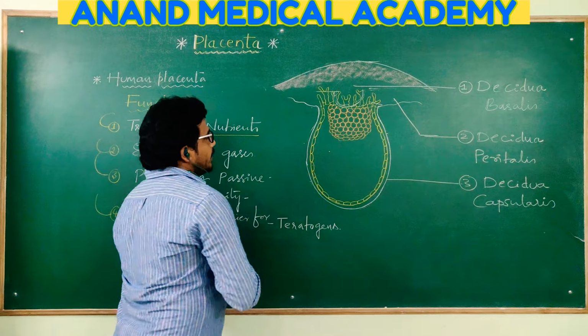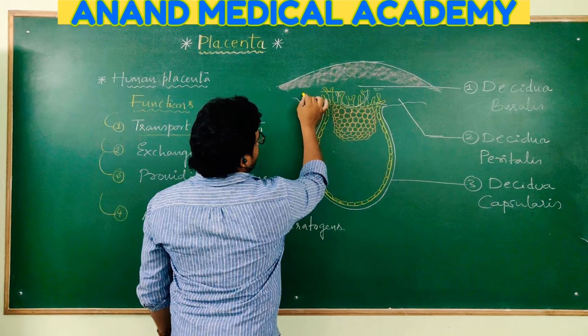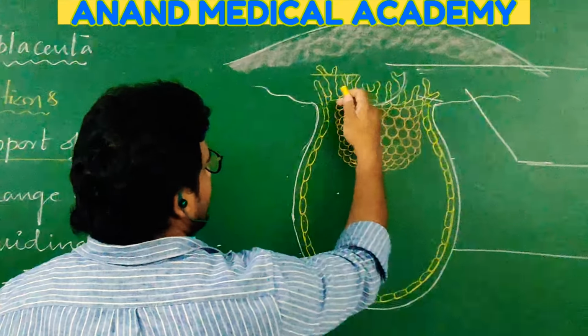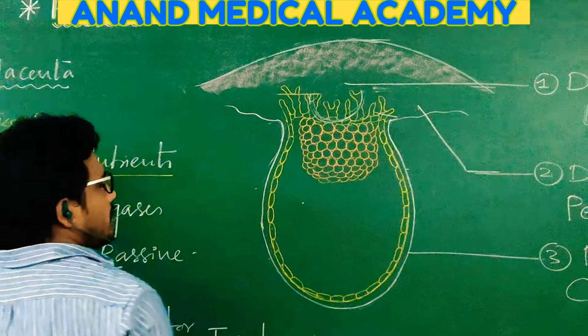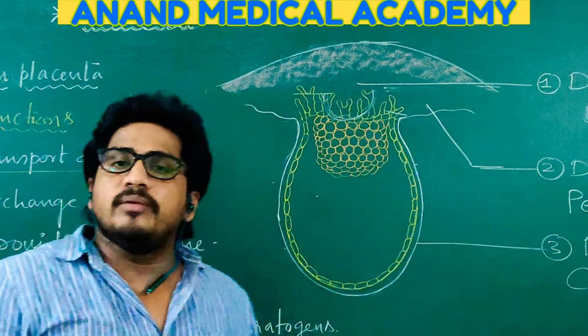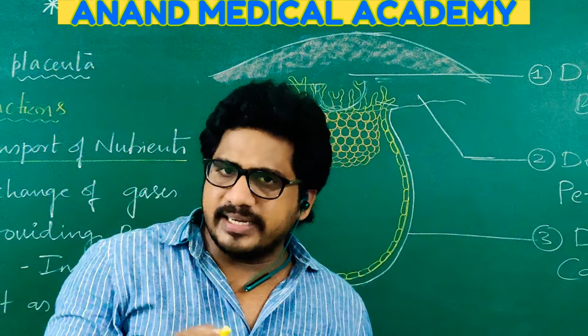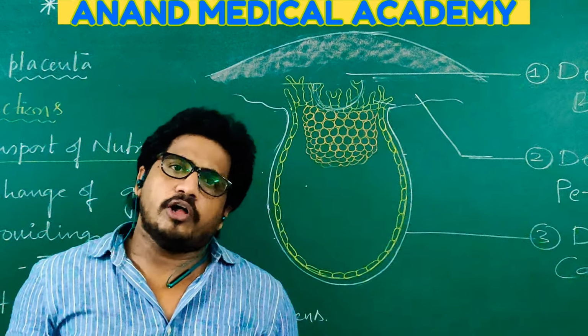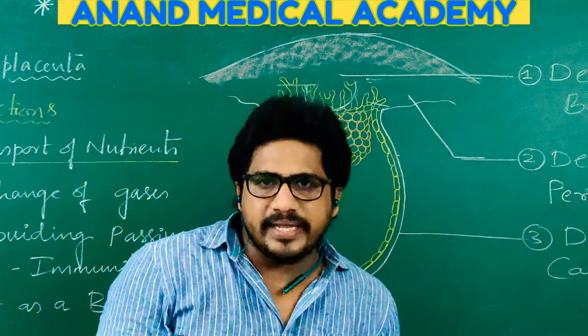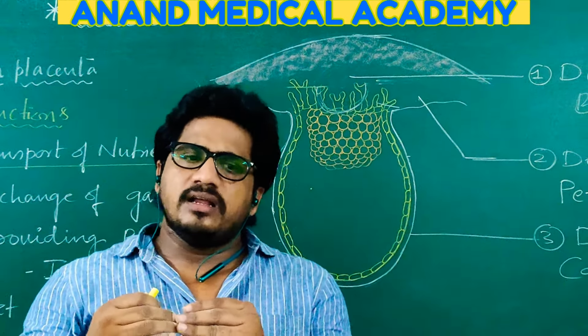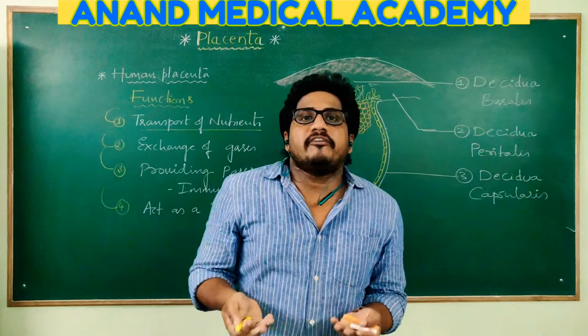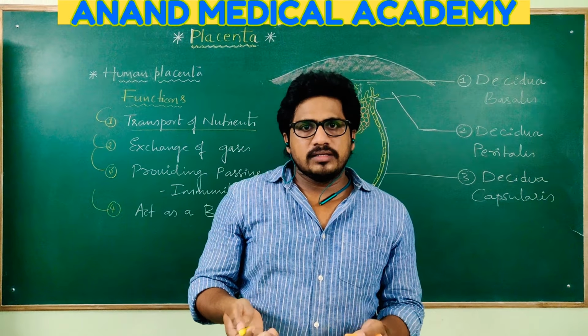Let us see how. From the endometrium there are a lot of blood vessels, and almost these cells are directly connected to the blood, that's why it is called hemochorial placenta. The reason why the human placenta is called hemochorial is that the fetus is almost connected to the blood of the mother. There is no barrier.